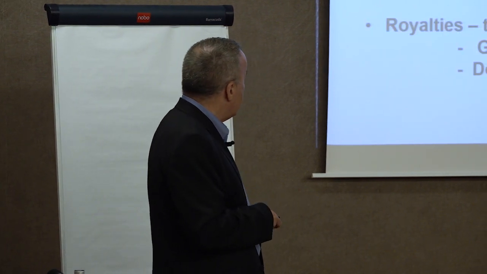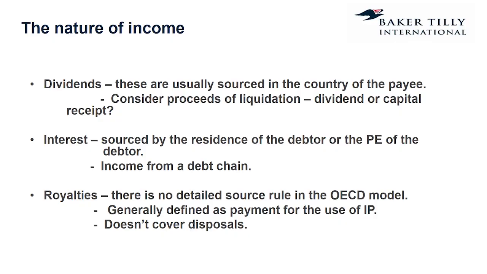All these things are going to be important, and so being clear about what the entity is that you're using is equally important. I'm going to say a bit now about the different types of income because, again, different types of income are treated differently under double tax treaties, and double tax treaties normally have different sections that deal with different types of income.